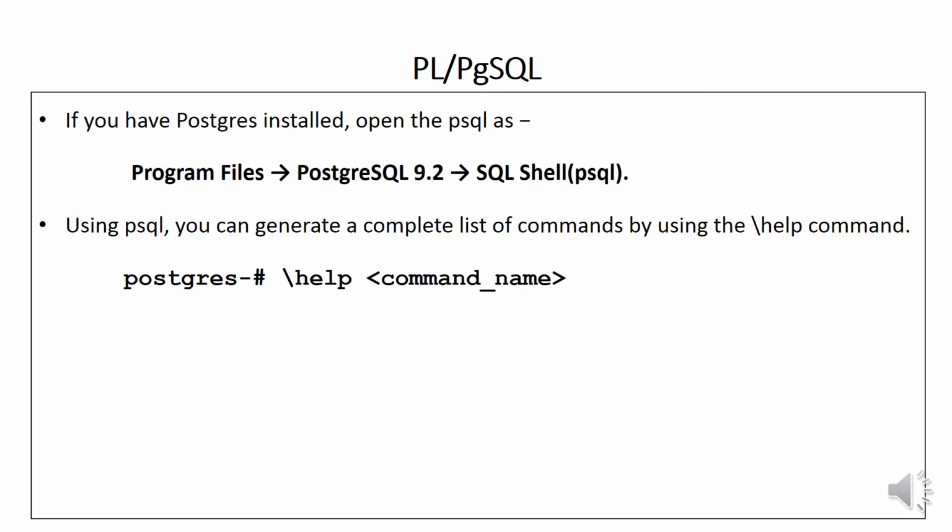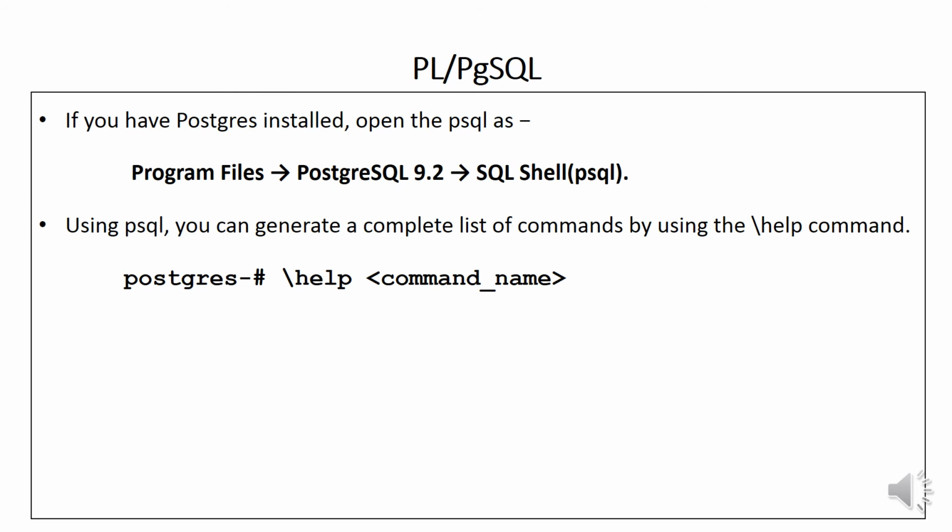Friends, if you install PostgreSQL on your computer, you have to open it from program files. In that program files, one tab is open, that is called PostgreSQL. If you install 9.2, select that, and after that you select SQL shell or PSQL. That's it.